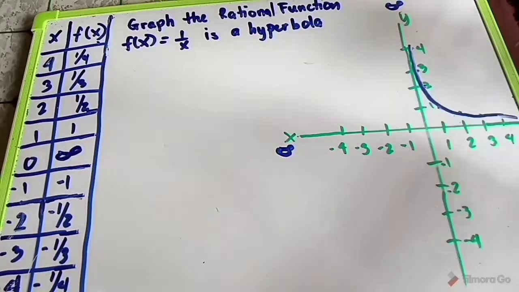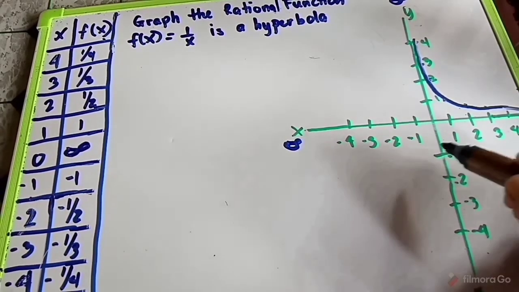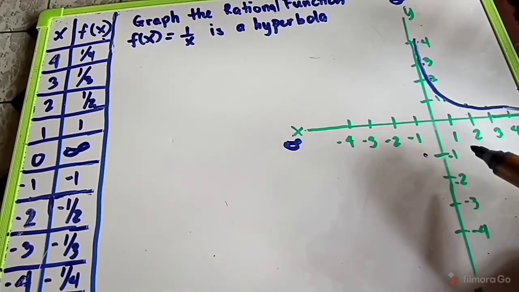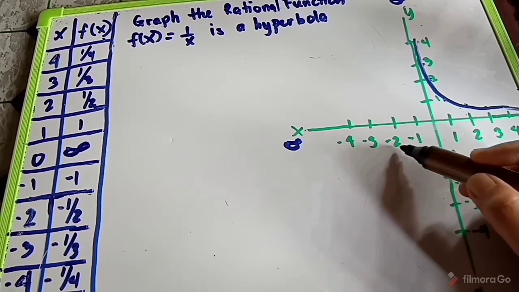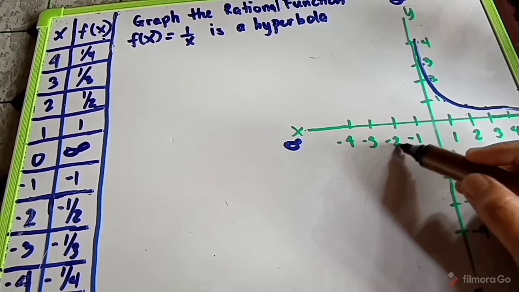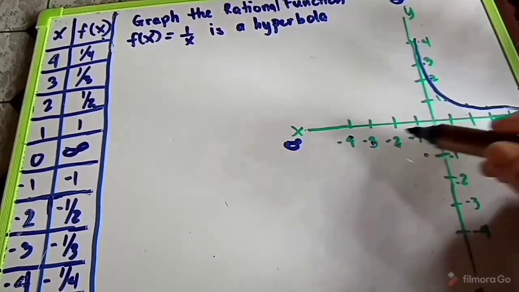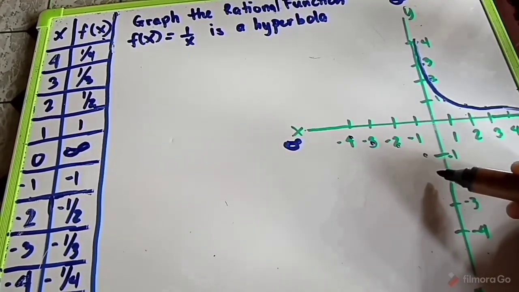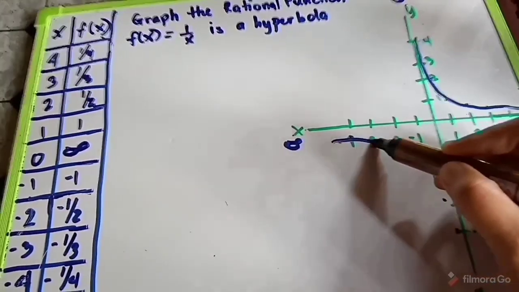So here, we will graph negative 1 and negative 1 will be here. So negative 2 and negative 1/2 will be here. And then negative 3 and negative 1/3, and then negative 1/4. So we will look for the other side, and so on, and so on.